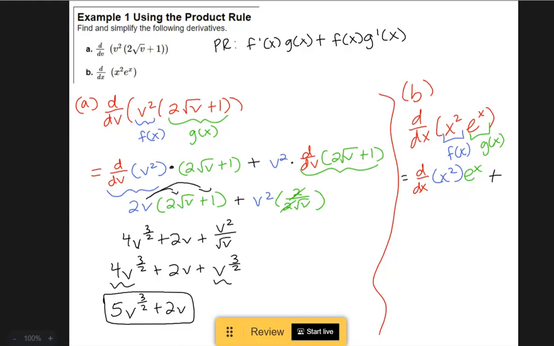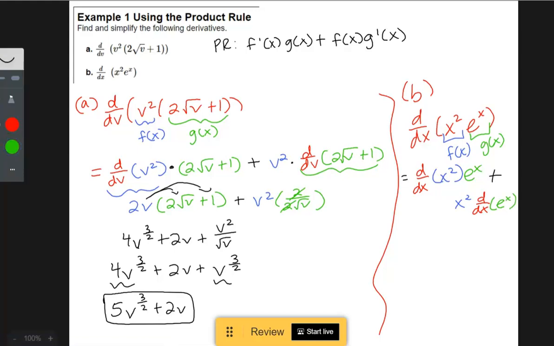plus f of x times the derivative of e to the x.